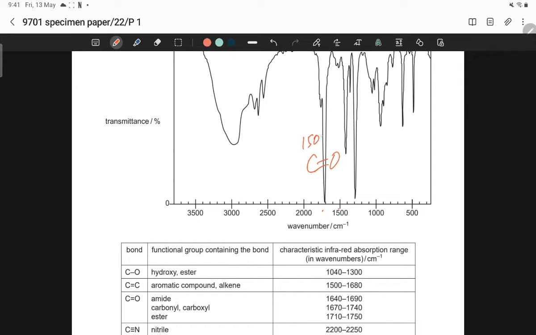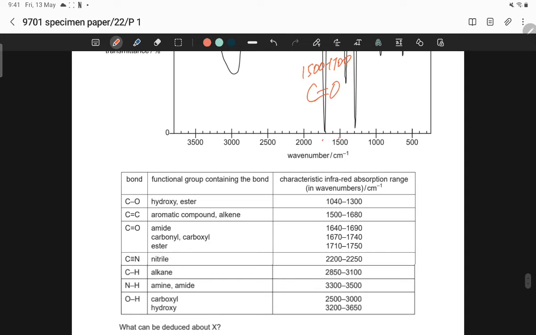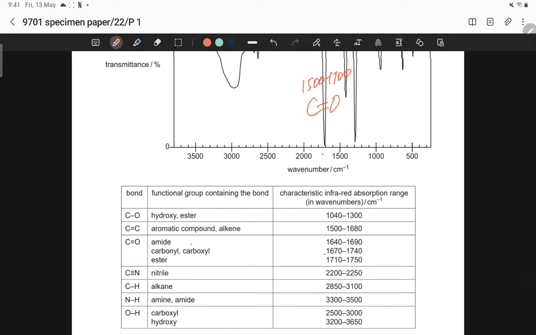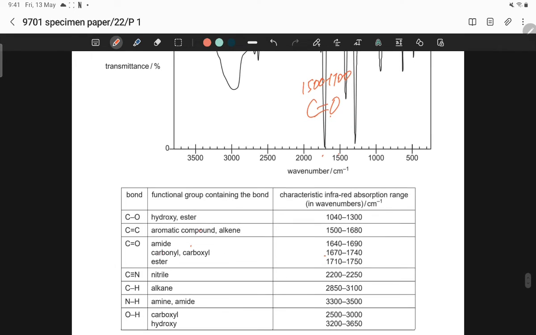At 1500 to 1700, a C double bond O group is present. Carbonyl, carboxyl, carbonyl 1500 to 1700, aromatic C double bond O. So this could be C double bond O.